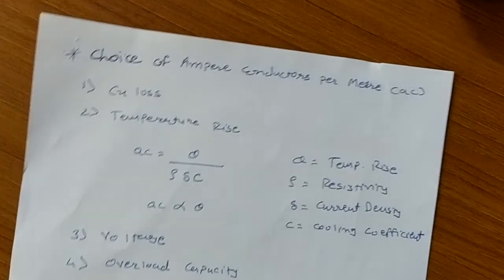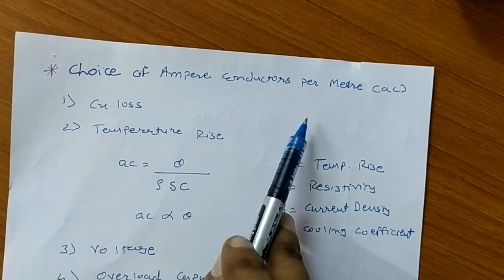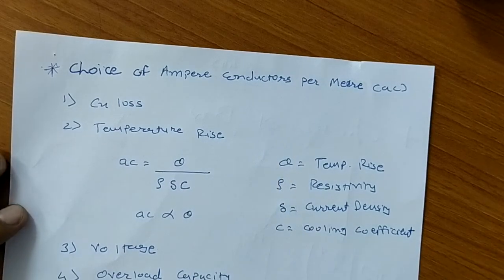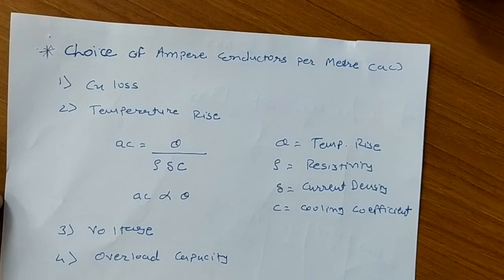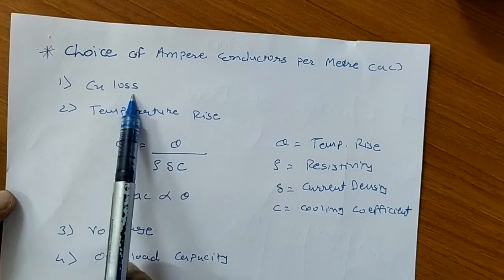So let us quickly revise it. What happens for the choice of ampere conductor for an induction machine? There are 4 points we need to consider: copper loss, temperature rise, voltage, and overload capacity. With copper loss, a large value of ampere conductor means that we have to use a higher amount of copper, and it will lead to an increase in copper loss.